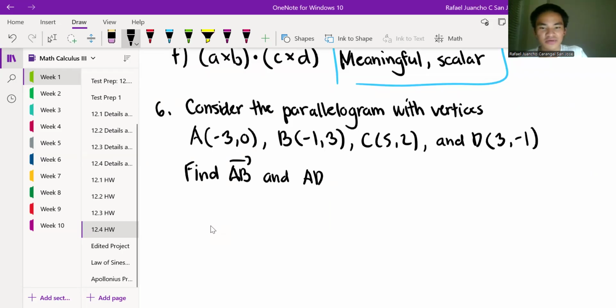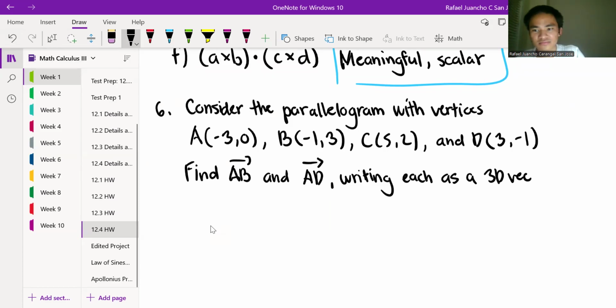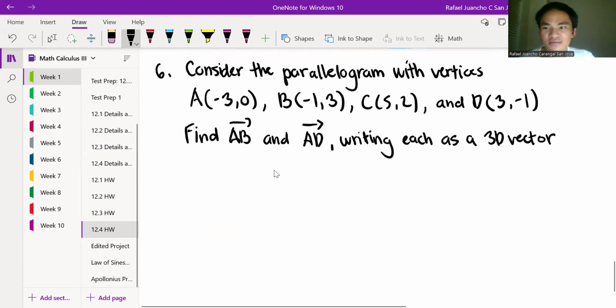AB as in boy, AD as in Dunkin' Donuts, writing each of these vectors as a 3D. So that's interesting. Yeah. How do we do that? No idea.